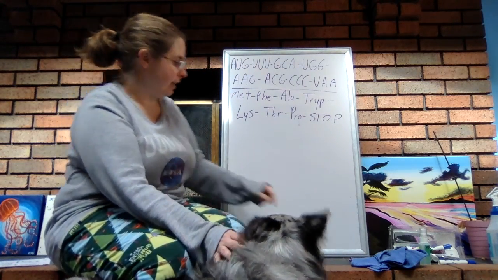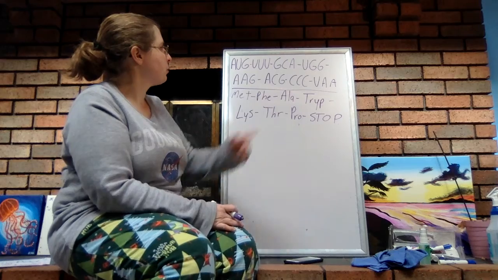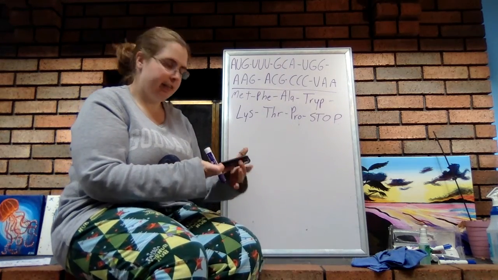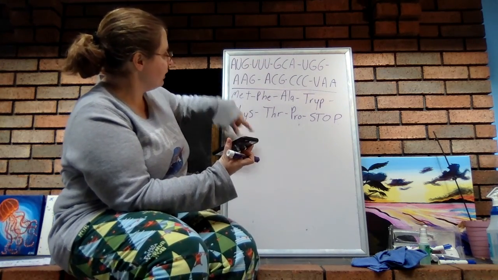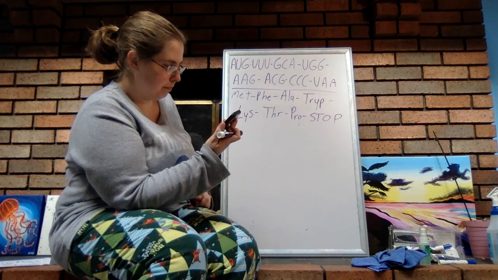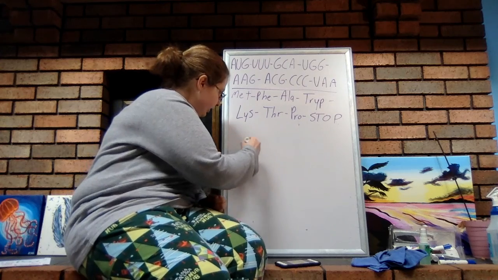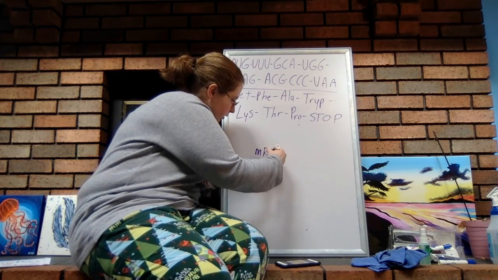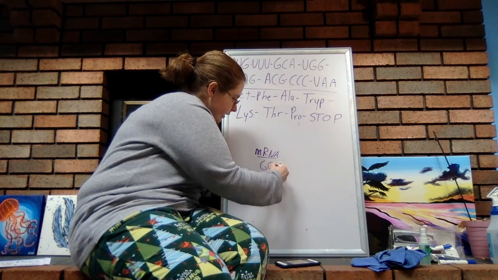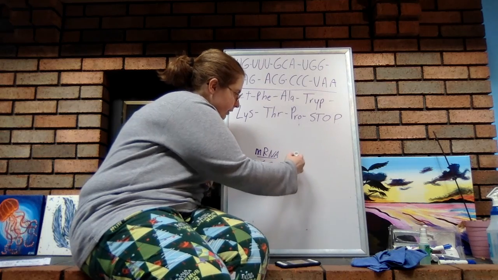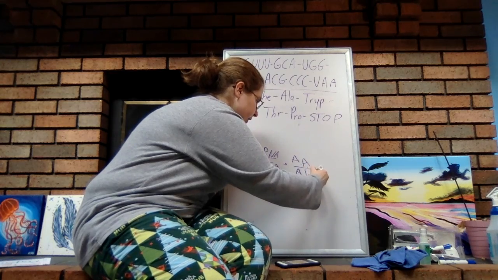So the original DNA of, let's say, GCA. I'm just going to pull up my handy dandy little chart. So we know that GCA is alanine. So we know the mRNA is GCA, and that gives us the amino acid alanine.